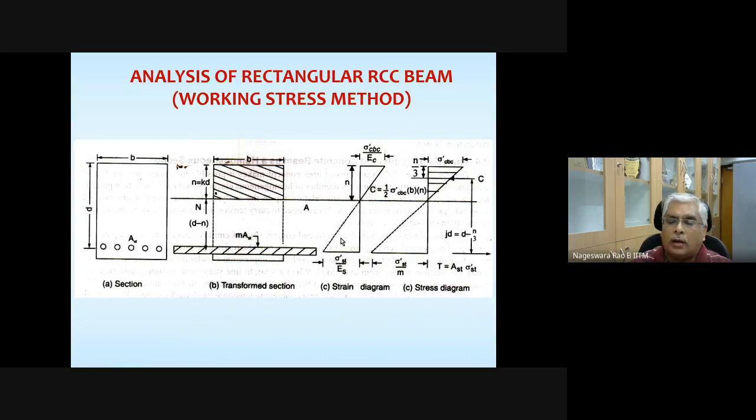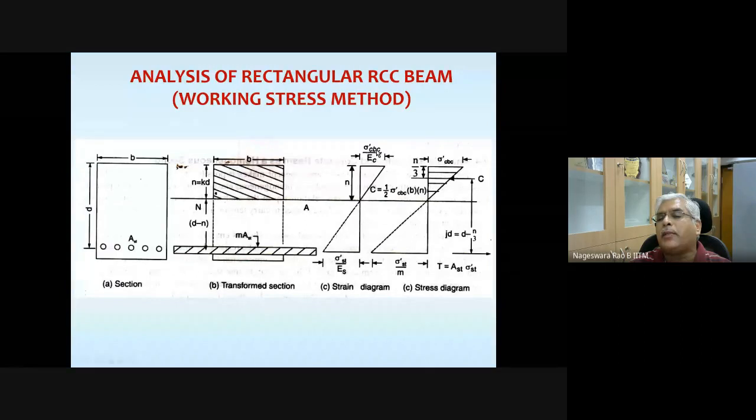Now, in the working stress method, we noted the third assumption is that the stress-strain relationship is linear. So you got the strain distribution, you got the strain value, so the corresponding stress value you can easily find. The stress distribution is going to be looking like this. How do you get stress from strain? You multiply whatever strain value with the corresponding modulus of elasticity, and here in the top portion it's going to be modulus of elasticity of concrete.